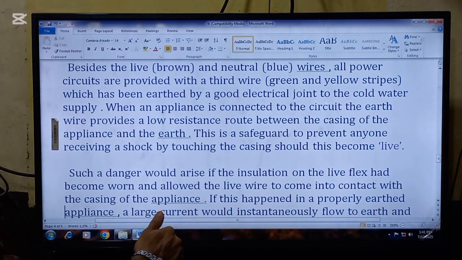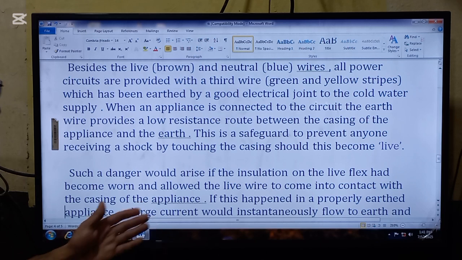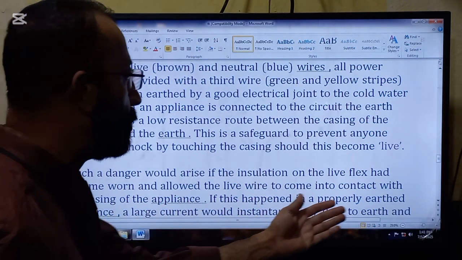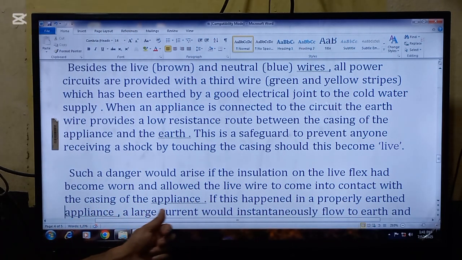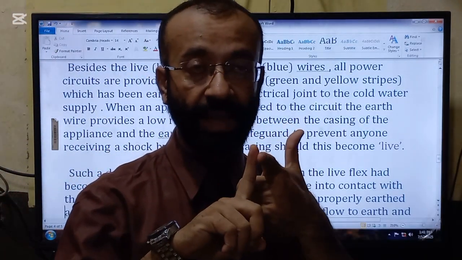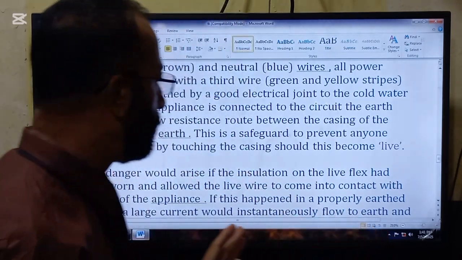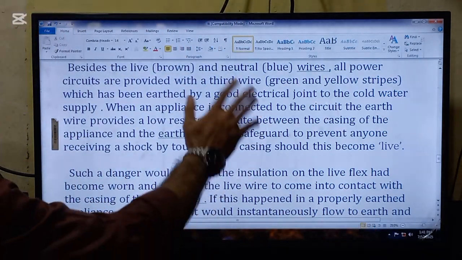Such a danger would arise if the insulation on the live flex had become worn and allowed the live wire to come into contact with the casing of the appliance. So if the live wire comes into contact with the casing and someone touches that, that may prove fatal. So this is the advantage of earthing.